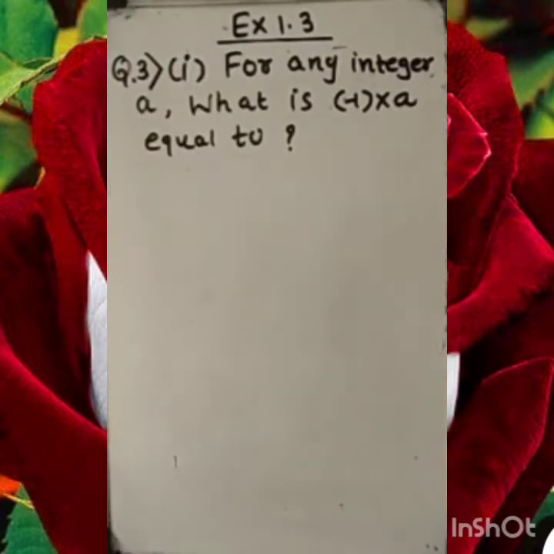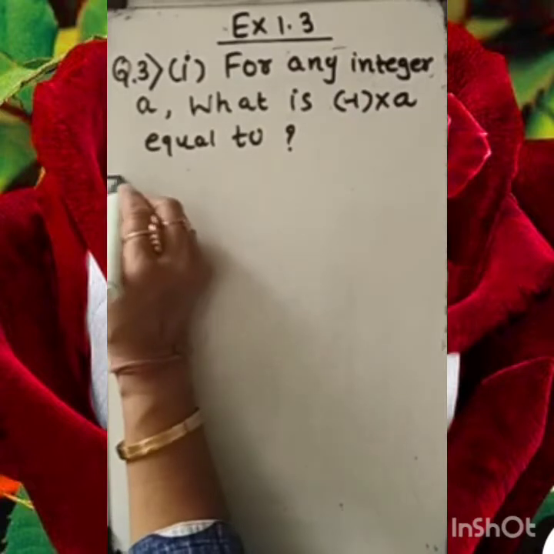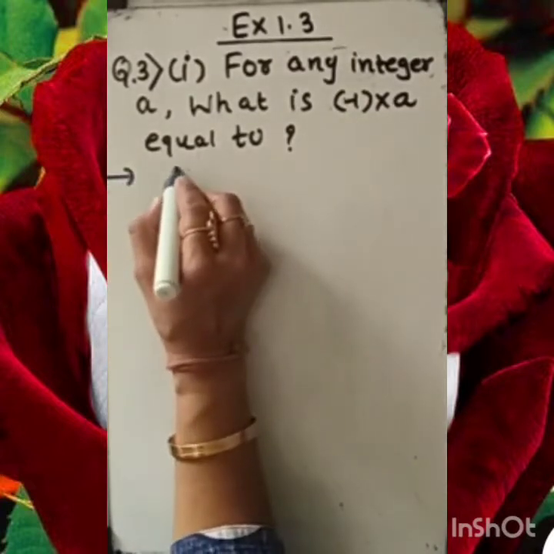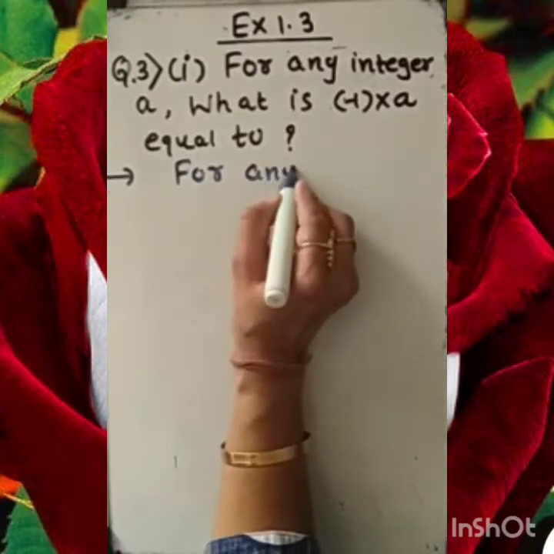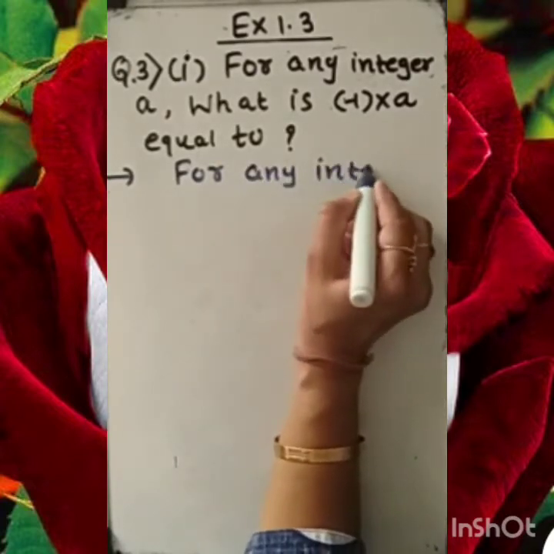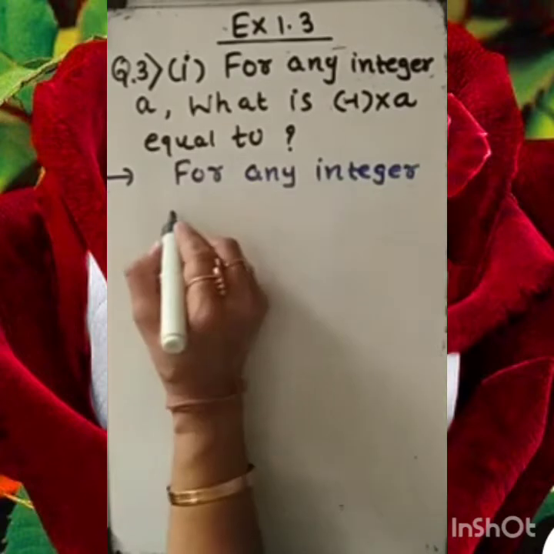For question number 3, it's the first part. We are given in the question, for any integer a, what is minus 1 into a equal to? So very simple. In the answer, we need to write: for any integer a, small a.